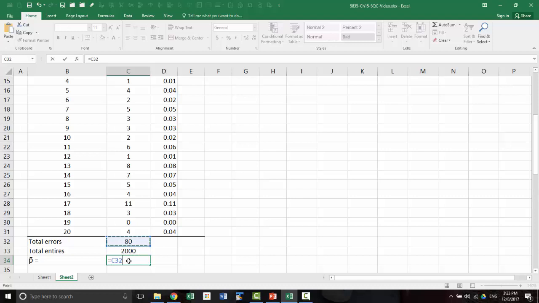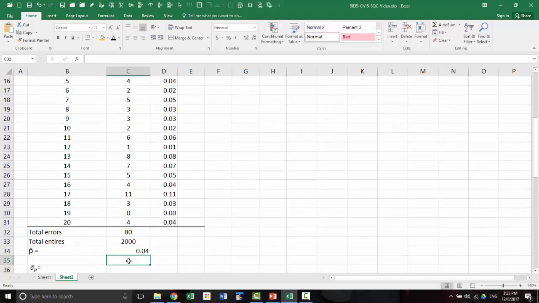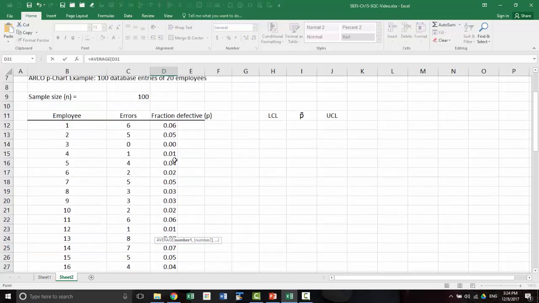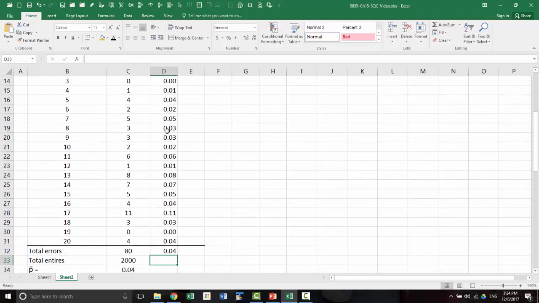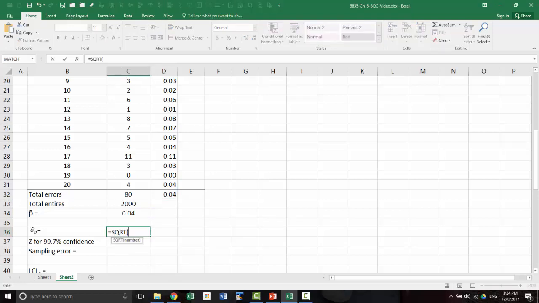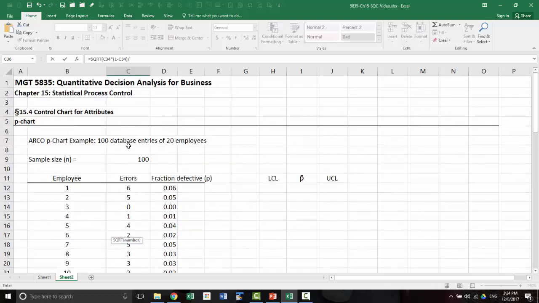So P bar is that divided by that. And you can also find P bar by simply averaging this. That also will give you the same answer. Then the standard error of P is the square root of P bar times 1 minus P bar divided by the sample size, not the number of samples, the sample size.